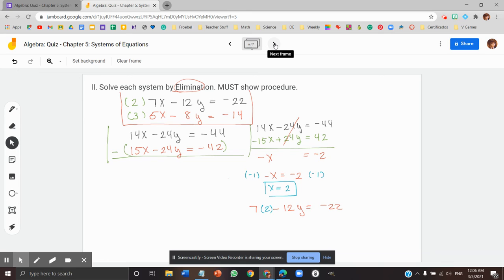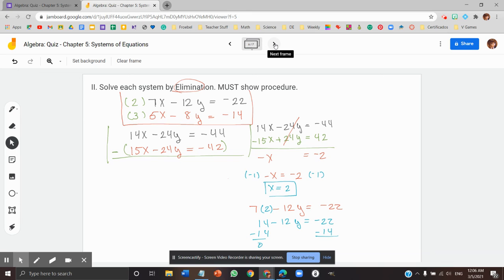And 7 times 2 is 14. And everything else is going to stay the same, right? Now I want to take that 14 and send it to the other side. So I'm just going to subtract 14 on both sides. This is going to be 0.